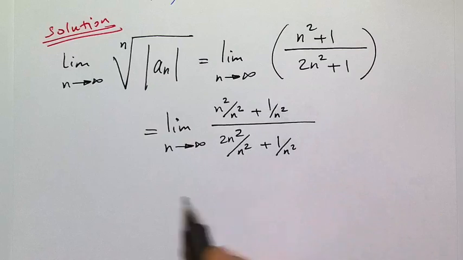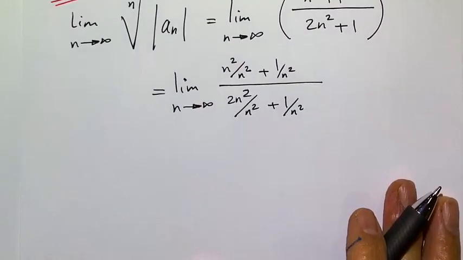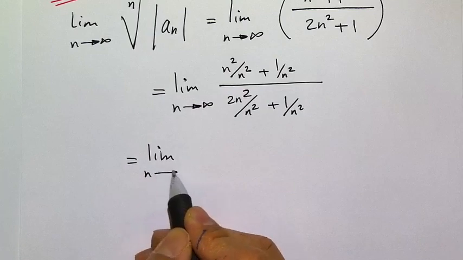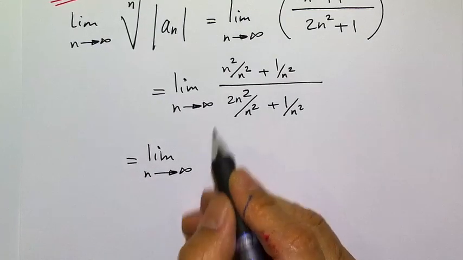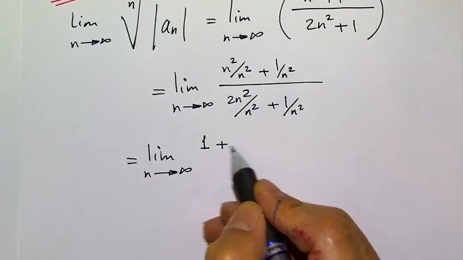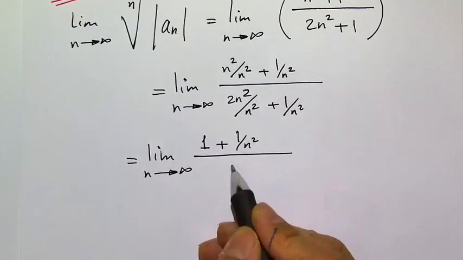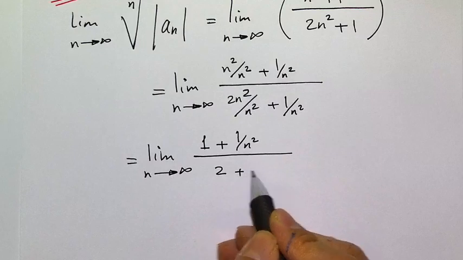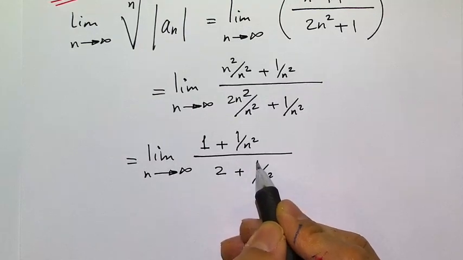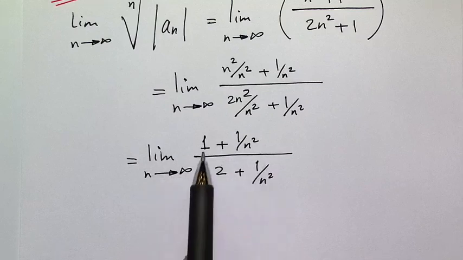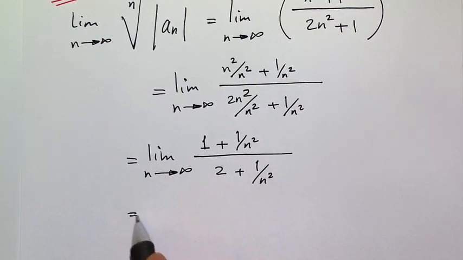Simplifying that, we have 1 plus 1 over n squared divided by 2 plus 1 over n squared. Then, of course, applying the limit, we get 1 over 2.